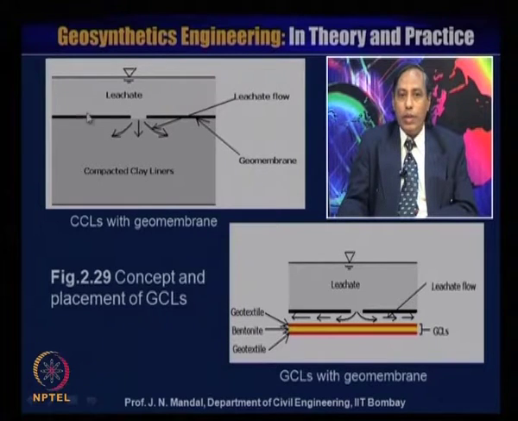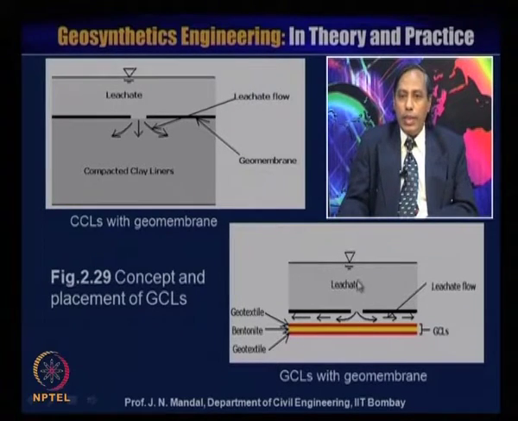This is the geosynthetic clay liner, or it may be the geomembrane, but what should be the concept and the placement of the geosynthetic clay liner? Here we are providing the geosynthetic clay liner, and you can see the bentonite and the geotextile on the top and the bottom, like a sandwich.